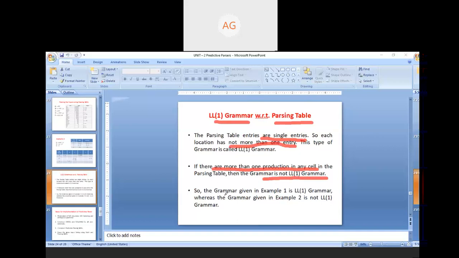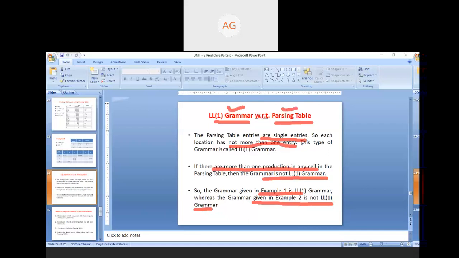The grammar given in example 1, which we already studied in our last class, is LL1 grammar, whereas the grammar given in example 2, which we studied in the previous slide, is not LL1 grammar. We have written this in words. So this is the relationship of LL1 grammar with respect to the parsing table.